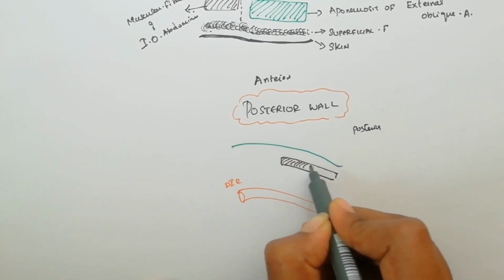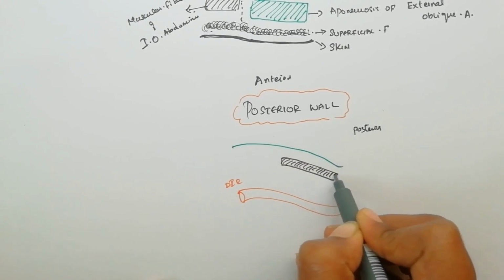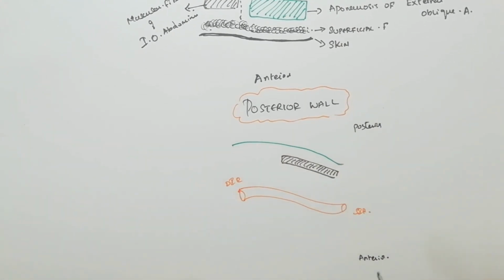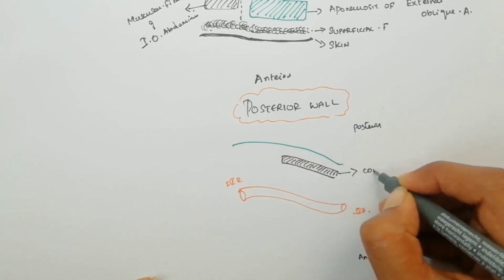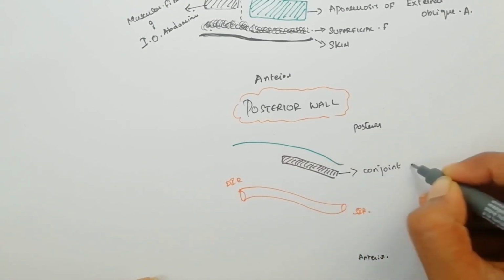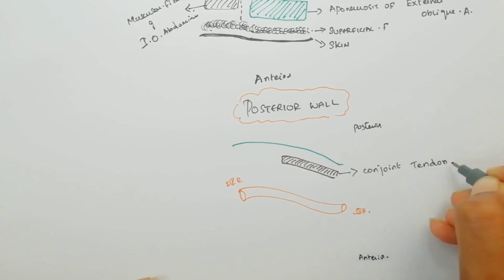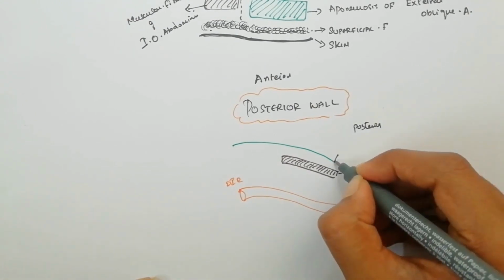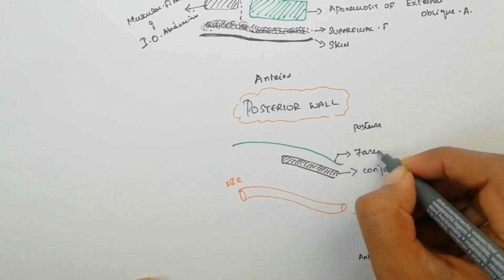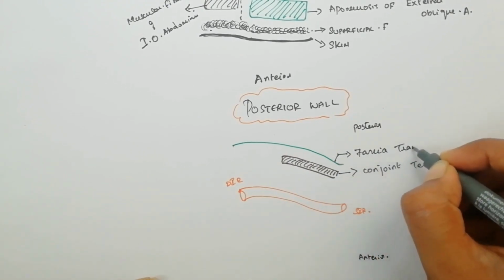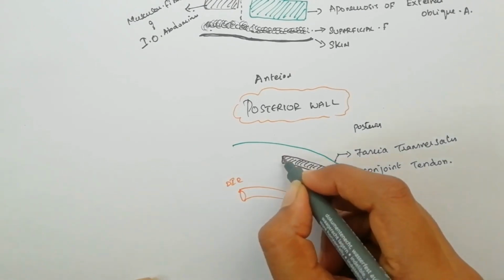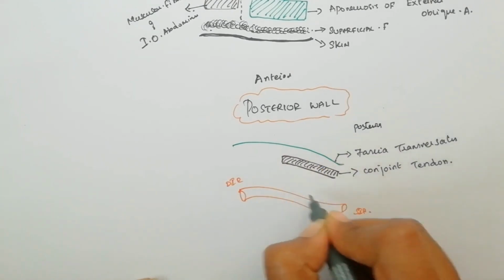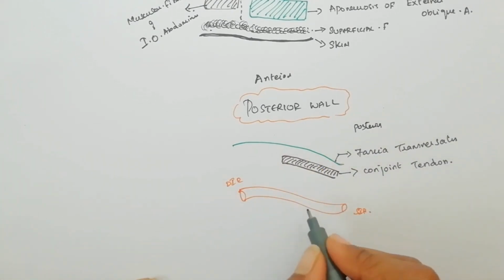The conjoint tendon is formed by fibers of internal oblique abdominis and transverse abdominis muscle. It is present just behind the fascia transversalis, related to the medial half of the posterior wall of the inguinal canal.